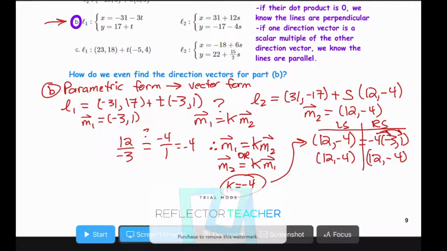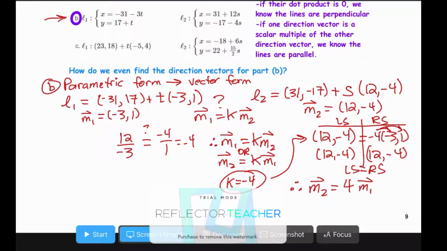Oh, look, we got the same result. Left side equals right side. Therefore, m2 is equal to -4 times our direction vector m1. Or, if I wanted to write it the other way, m1 is -1/4 m2. We don't need to state it both ways, but we can.